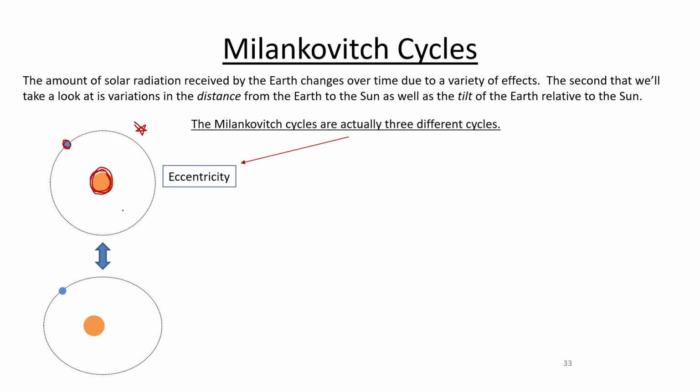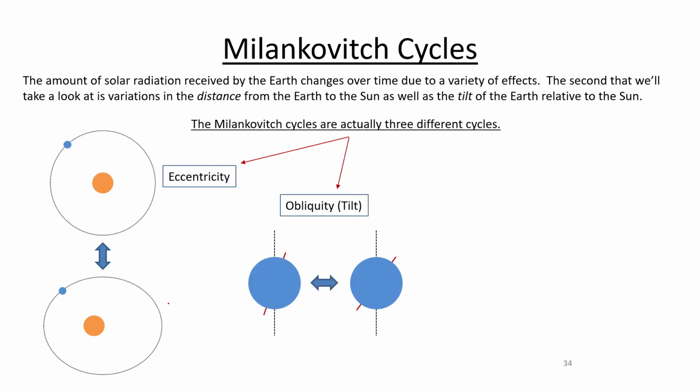A cycle in eccentricity means going from something that's pretty close to circular, not exactly for the Earth, to something that's a little bit more ellipsoidal, a little bit more like an oval, and then back again, back and forth between these two extremes in the Earth's orbit shape.